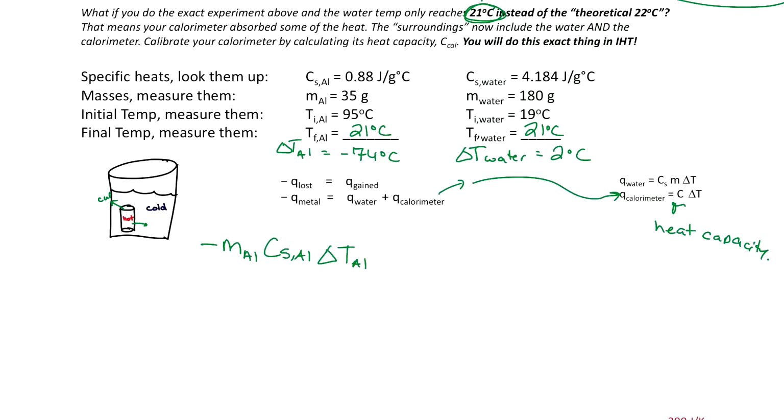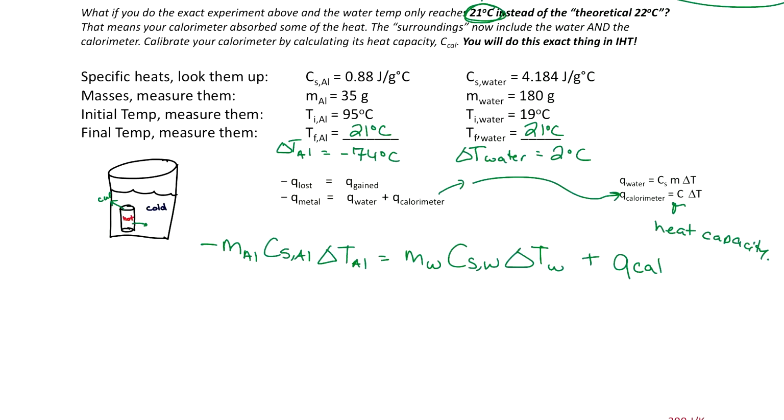So those numbers will go inside this Q equals mcΔT equation. All right, so we'll do the same thing for water. So mass of your water, we know what that is, specific heat of your water, ΔT of your water. But now, since we are calibrating our calorimeter, we're gonna tack on this Q cal at the end. So let's just see what happens, all right?